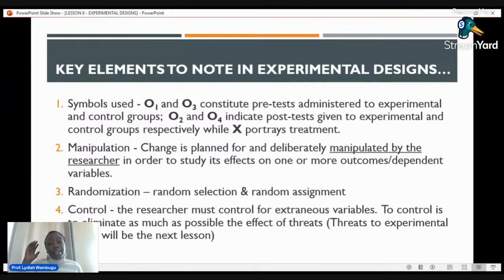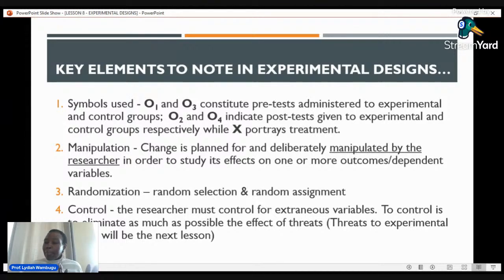And the higher numbers, 3 and 4, are for the control group. So when you talk about O1, O1 is the pre-test administered to the experimental group. O3 is the pre-test administered to the control group. Then O2 is the post-test given to the experimental group. O4 is the post-test administered to the control.